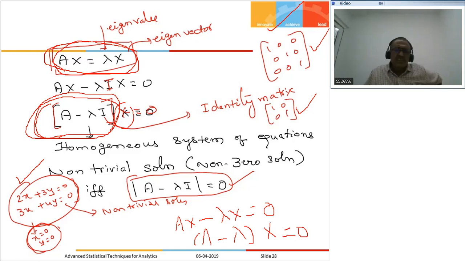So where do we use it? This is actually a very, very important concept. Many practical applications are there for eigenvalues as well as eigenvectors. One is what we are going to have next, dimensionality reduction or principal component analysis, which depends on eigenvalues as well as eigenvectors. Those who are already familiar with data mining might have had a discussion on dimensionality reduction.